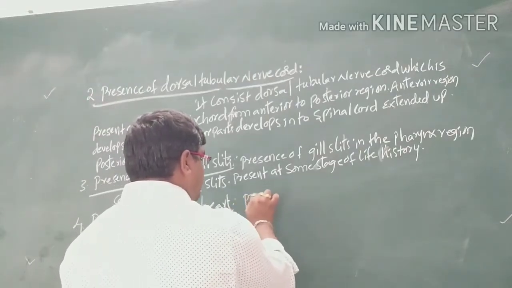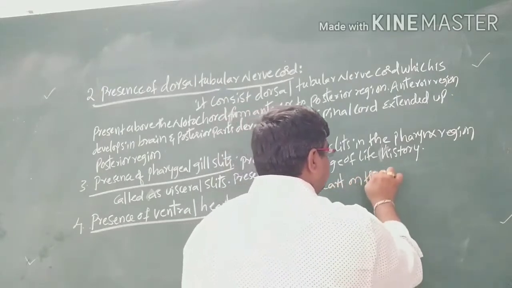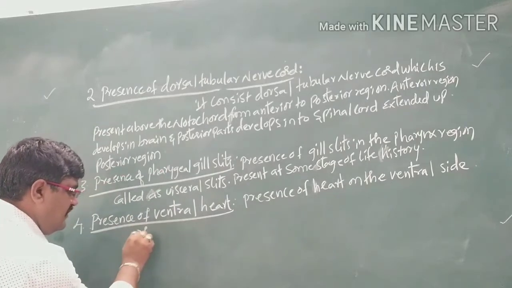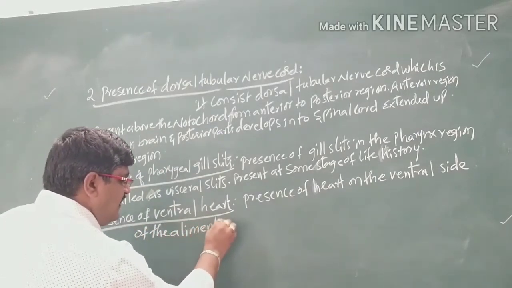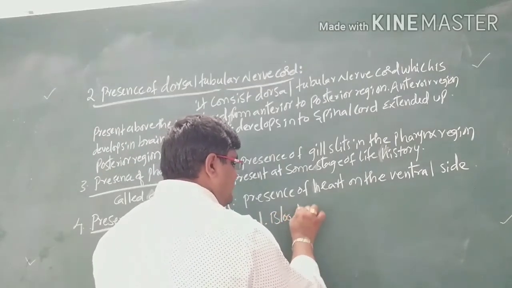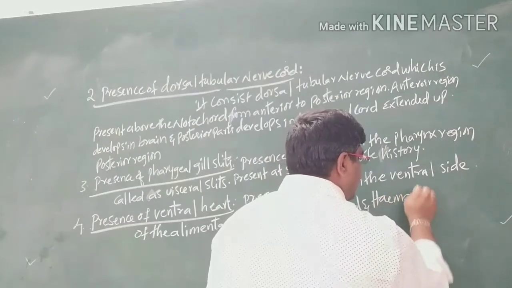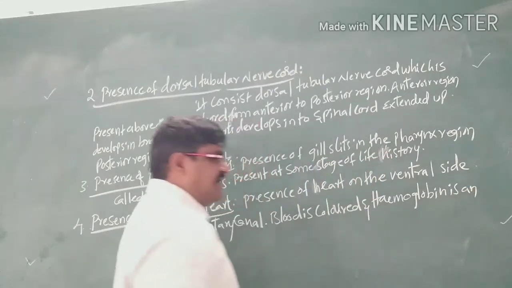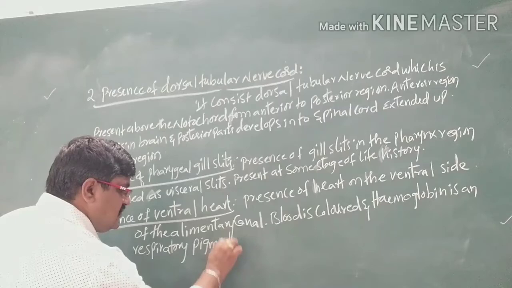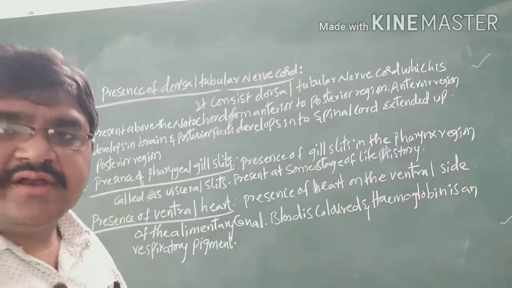So here the heart is on the ventral side of the alimentary canal, and the blood is colored, and the respiratory pigment hemoglobin is present.